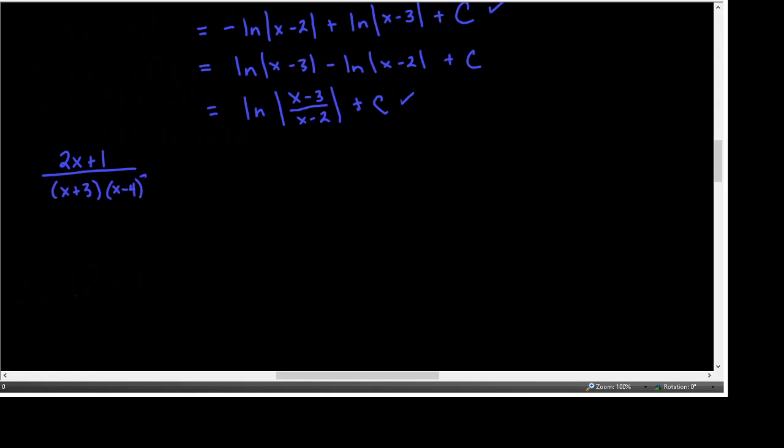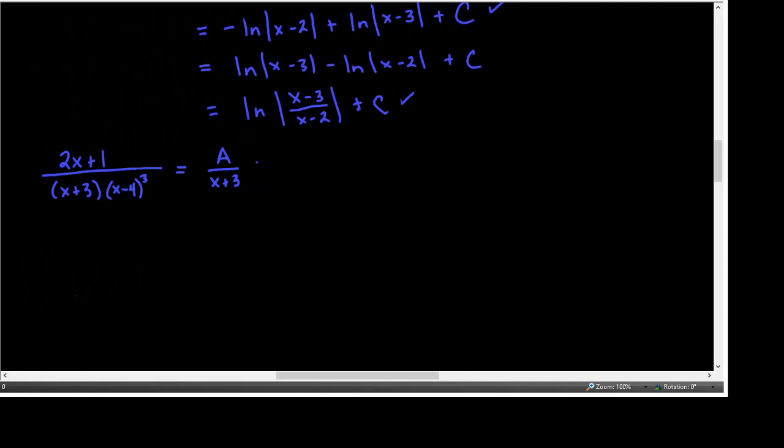where notice you have a repeated factor. With that power on x minus 4, it's repeated. It's in there multiple times. And what happens with those, of course, the easy thing, x plus 3, that's going to get an a over x plus 3. But for repeated factors, you don't know. It could be that you had several fractions that would contribute to that being a part of the common denominator, but we don't know.